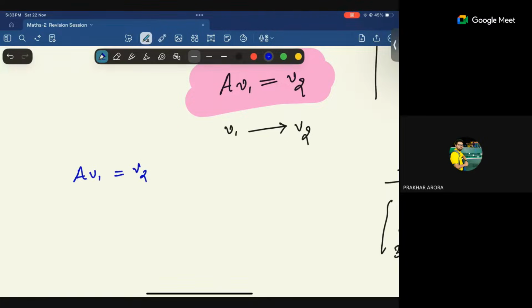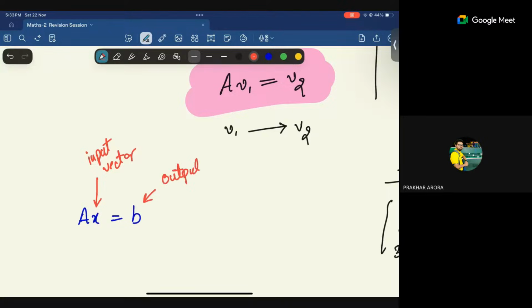I don't want to use v1 and v2 again and again. Now I want to join it to the standard notation that we have, that Ax equals y. Usually it is written Ax equals b. Now you can see why I wrote it to be the input vector and why I wrote it to be the output vector.